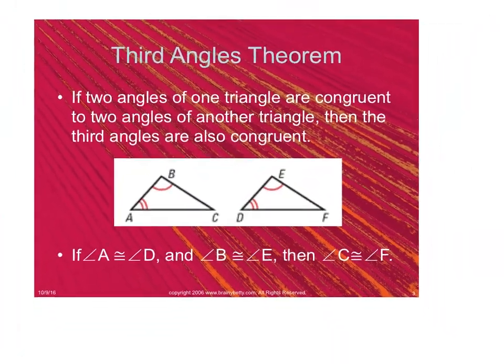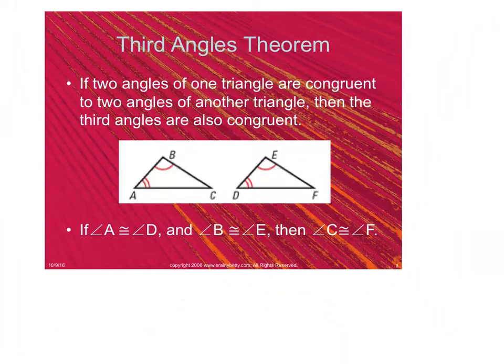Next, the third angles theorem. This one states that if two angles of one triangle are congruent to two angles of another triangle, then the third angle is also congruent, so like by default. So right now they're showing that A is congruent to D. They both have two of the congruency marks, so the two tick marks.